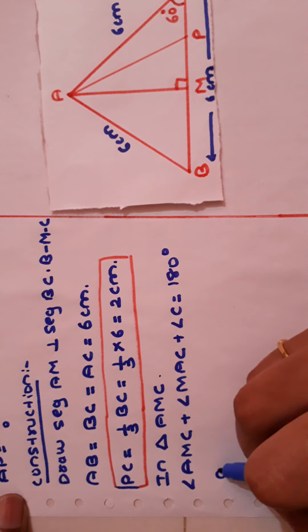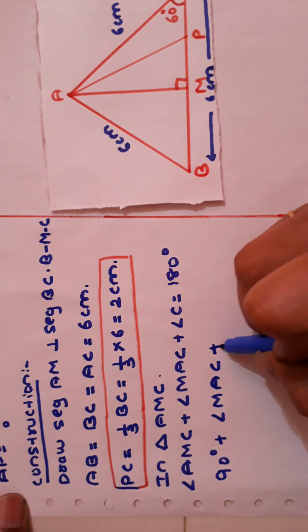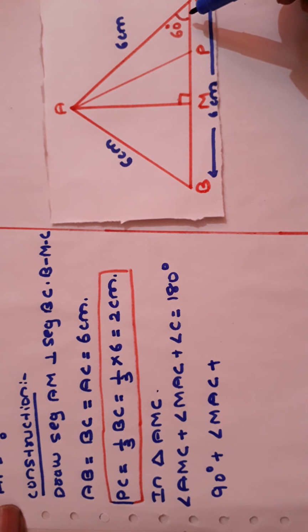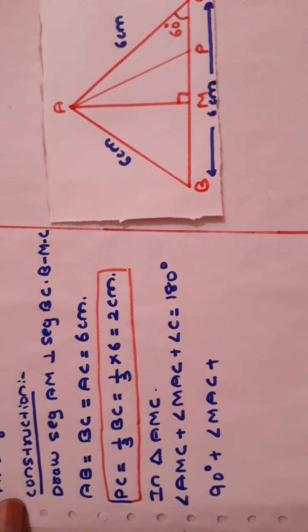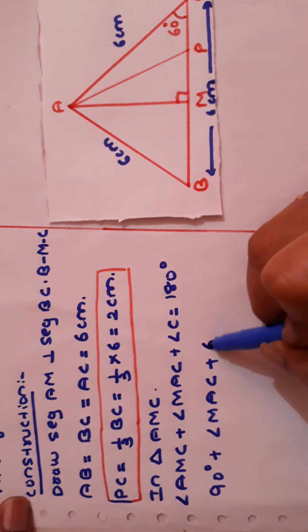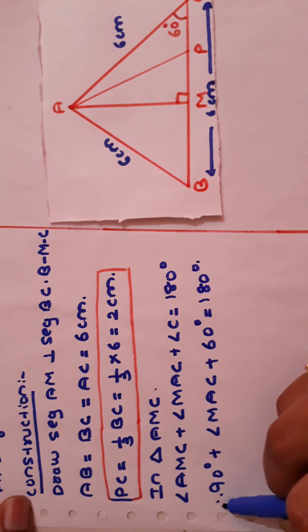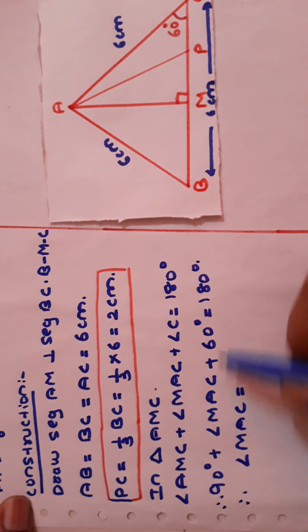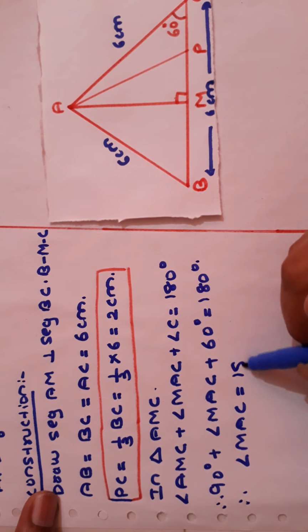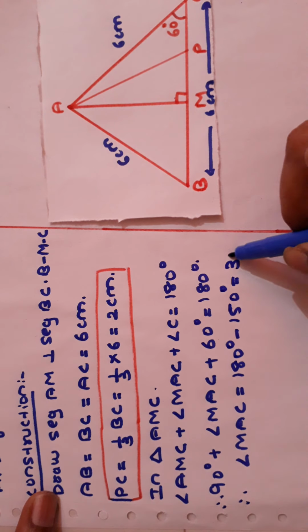Substitute the value. Angle C is 60 degree because C is an angle of an equilateral triangle and all the angles of an equilateral triangle are 60 degree. 90 degree plus 60 degree is 150, and 180 degree minus 150 degree is 30 degree.